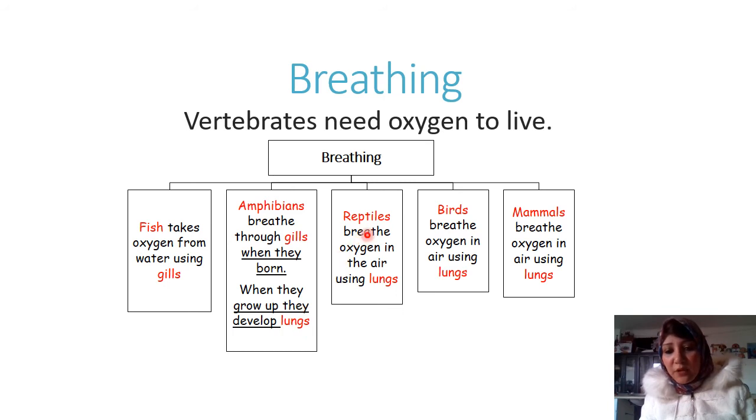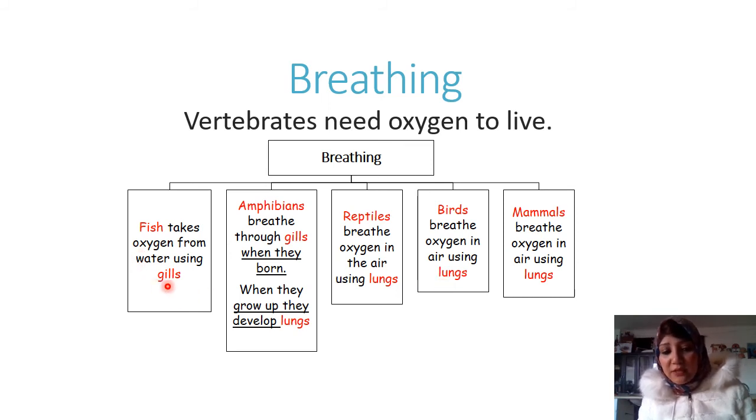In the case of reptiles, birds, and mammals, they have lungs to take oxygen from air.